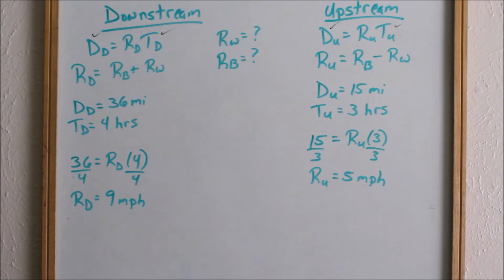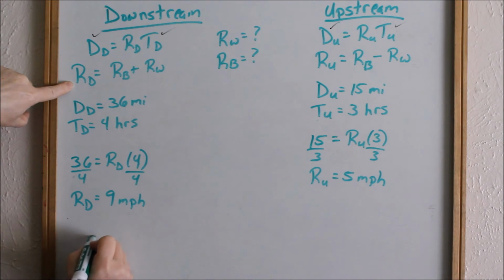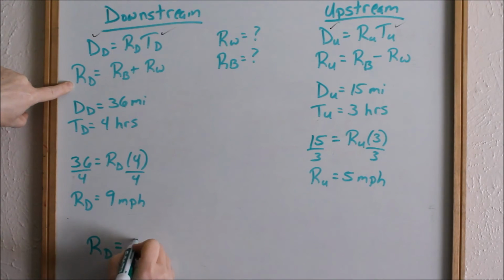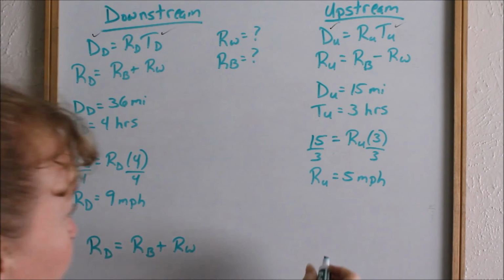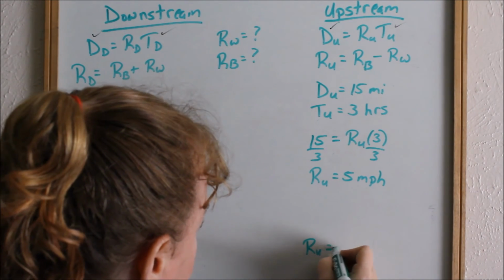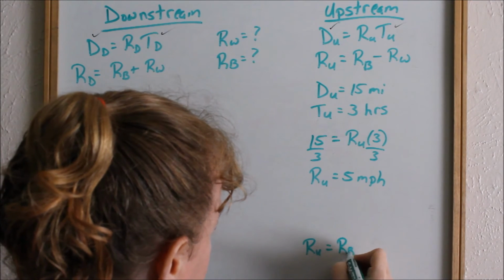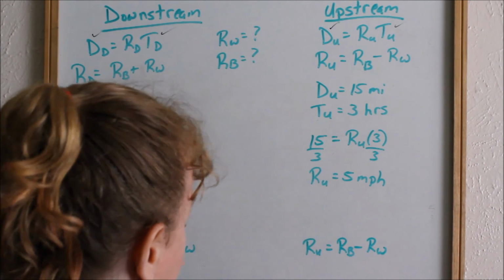But we can make equations of that because we have written up here that the rate downstream equals the rate of the boat plus the rate of the water, and the rate upstream is the rate of the boat minus the rate of the water.